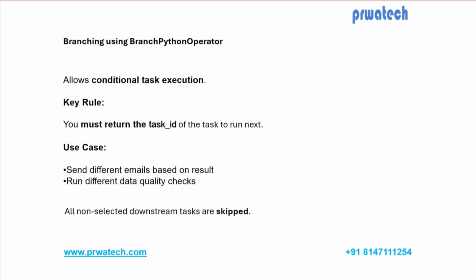Next, we saw branching using BranchPythonOperator. Branching lets you execute different paths in your DAG based on certain conditions. Think of it like a Python if-else statement but at the DAG level. There are rules you need to understand. The first one is the function must return the task ID to be executed next, or task IDs as well.